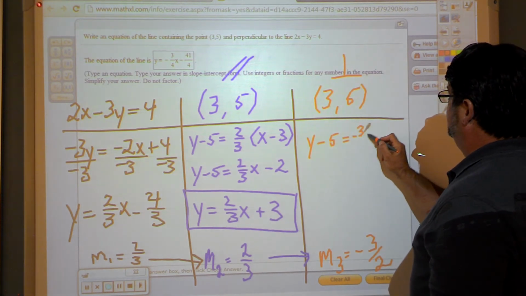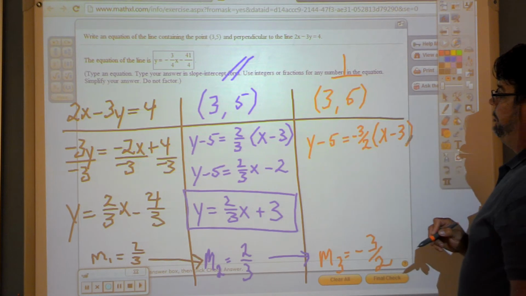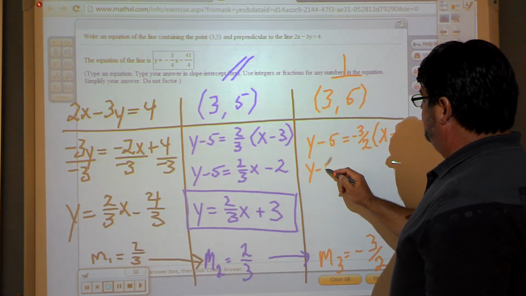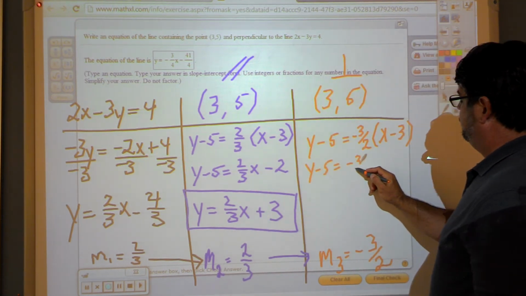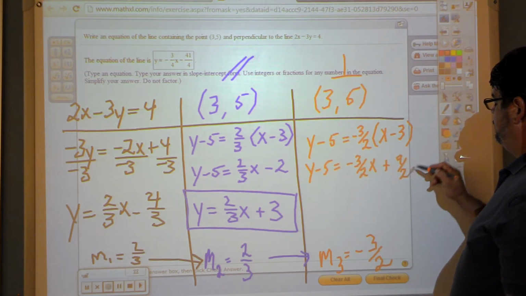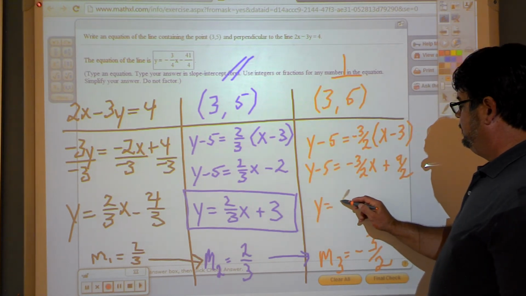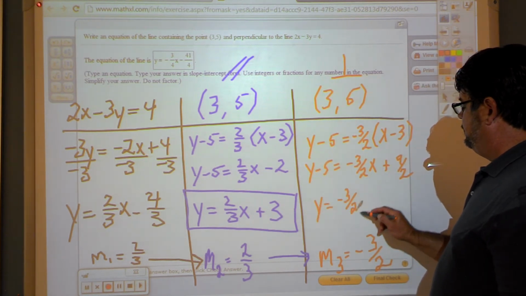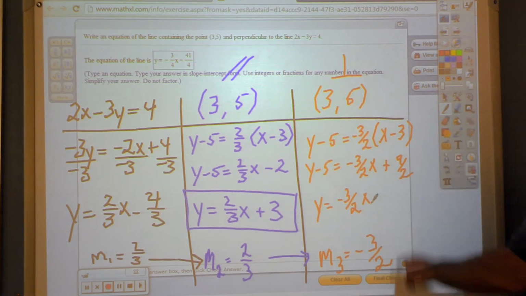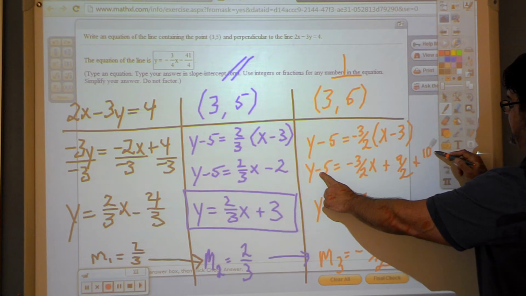Negative 3/2 times x minus 3. What's 9/2 plus 10/2?